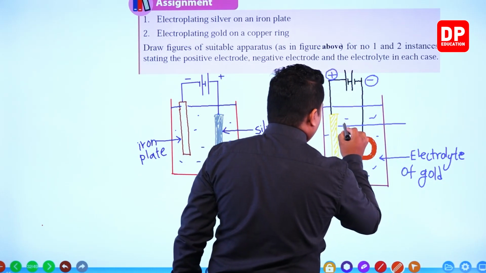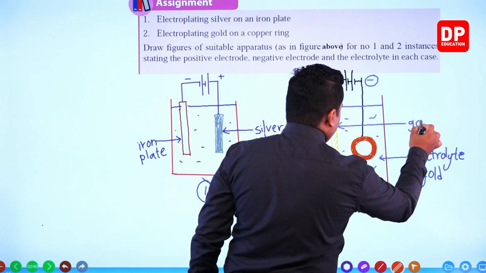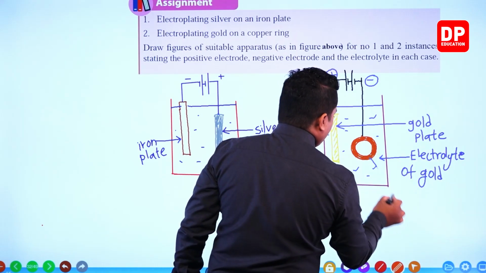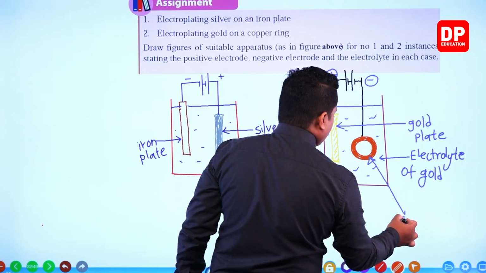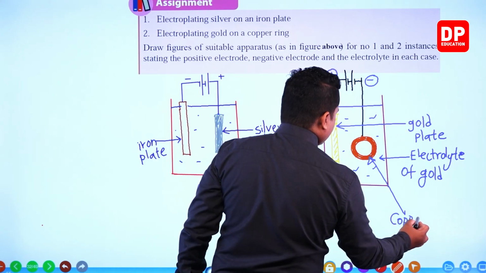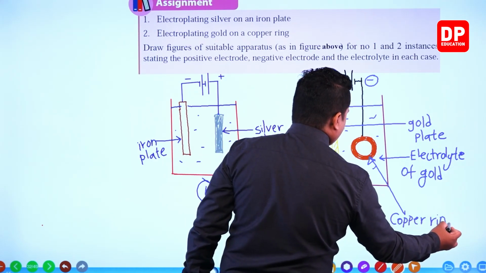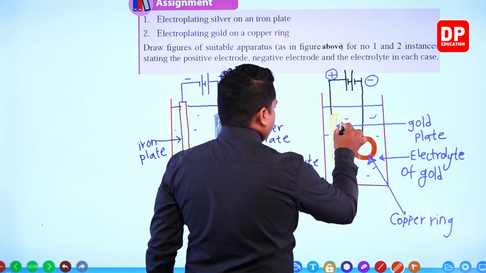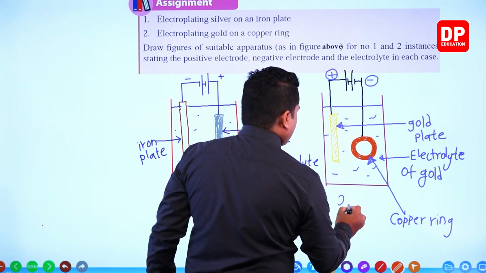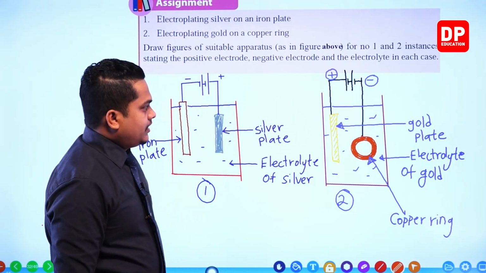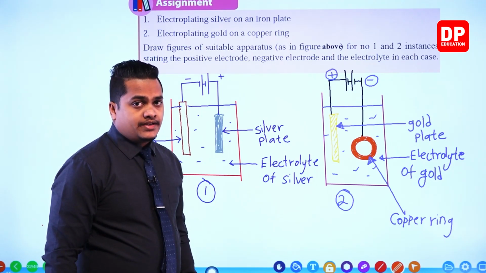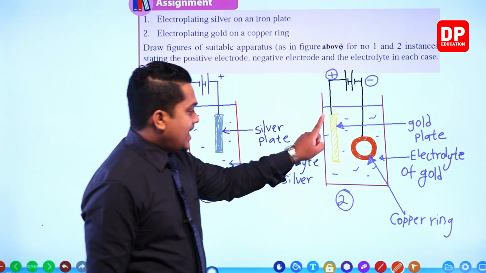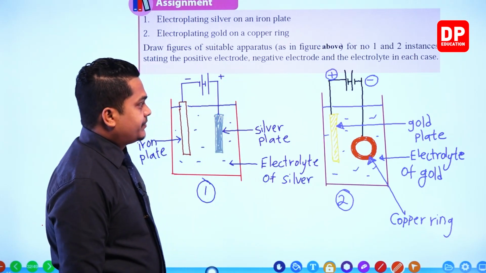Positive terminal is connected with the gold plate, and the negative terminal is connected with the copper ring. So these are the figures during the processes of electroplating of silver on an iron plate and gold on a copper ring.